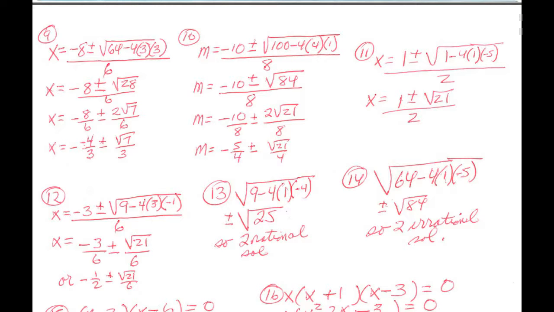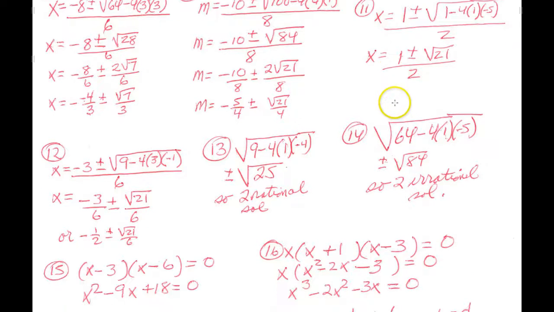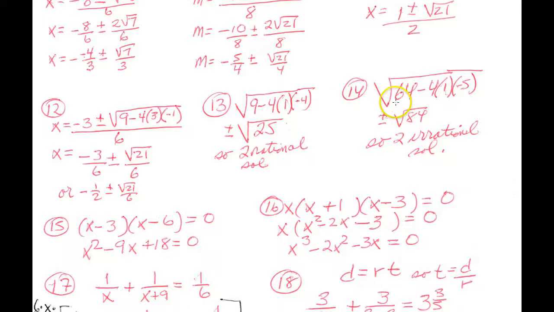Number 11, that one was sort of easy, wasn't a lot to do, and I left it all over 2. Again, you have to identify the A, the B, and the C to put it into the quadratic formula. And for all of these, this is how it's done.